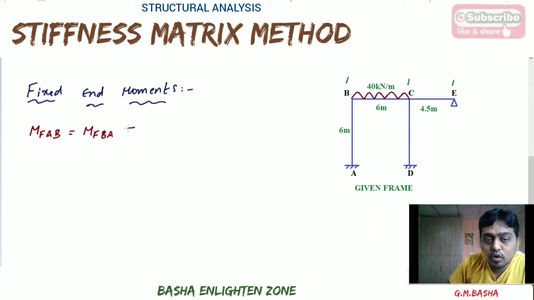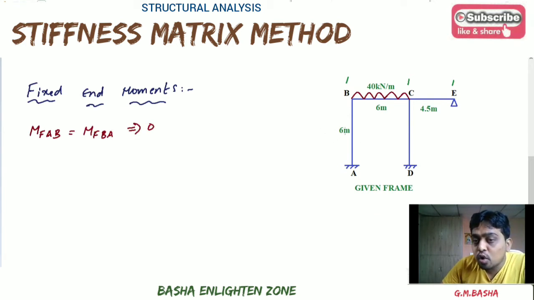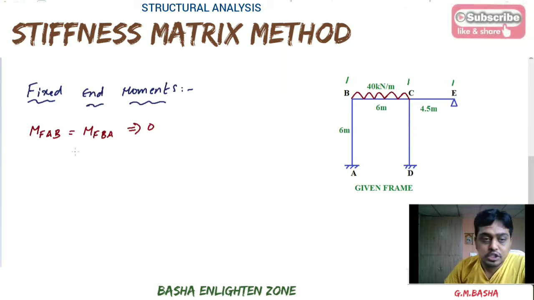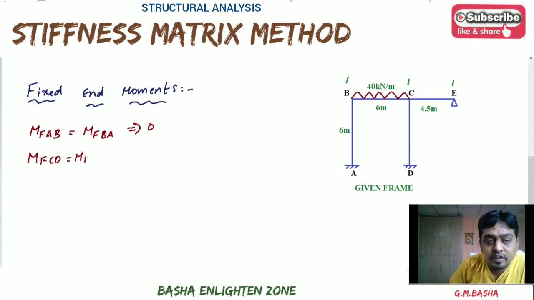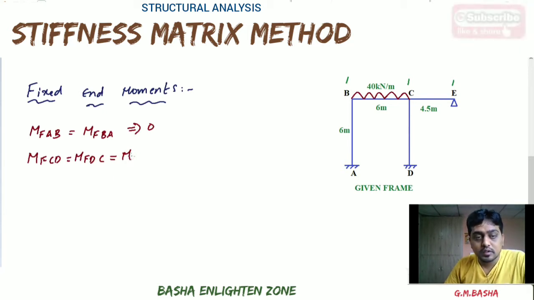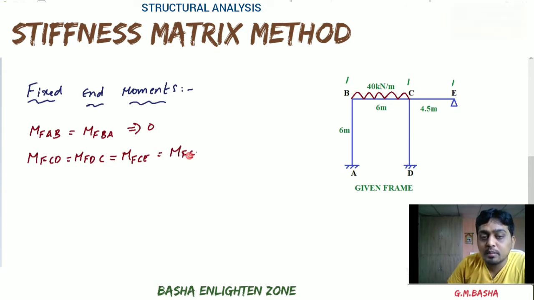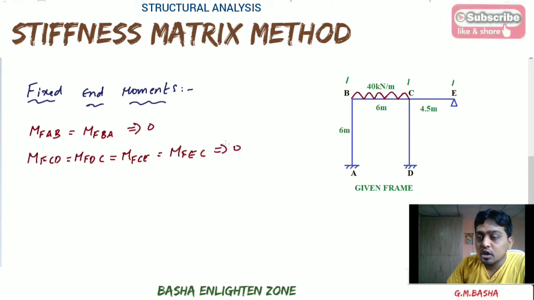That one will be equal to 0 because there are no loads applied on the column AB, CD and the beam CE. Therefore, you will get entire fixed moments for AB, CD and CE equal to 0. I am taking all the things here. Similarly, fixed moment for CD and fixed moment for DC, at the same time fixed moment for CE. Similarly, fixed moment for EC will be equal to 0 because of the no loading conditions.